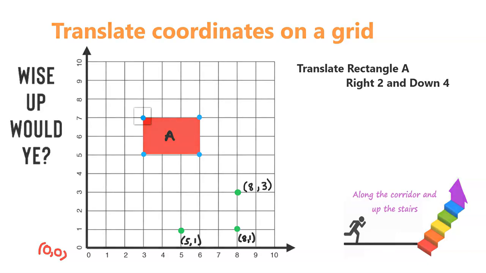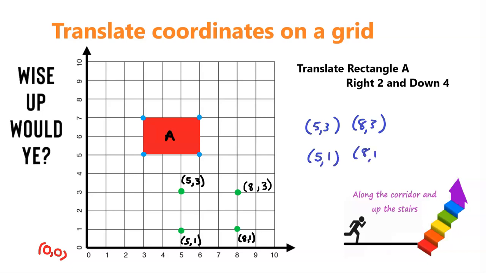We'll go to the last vertex, we move right 2 and down 4 and then we mark it on the grid, and we'll record the coordinate at 5, 3. The coordinates of the translated rectangle are 5, 3, 8, 3, 5, 1 and 8, 1.